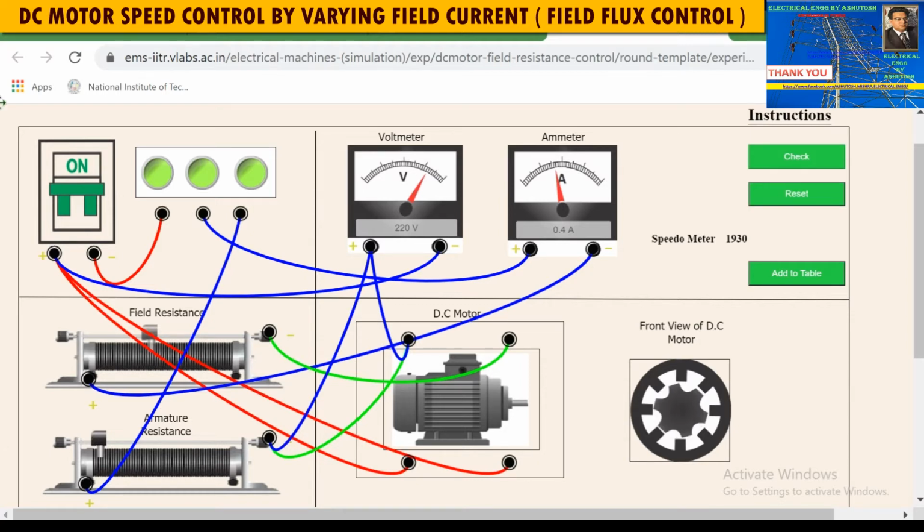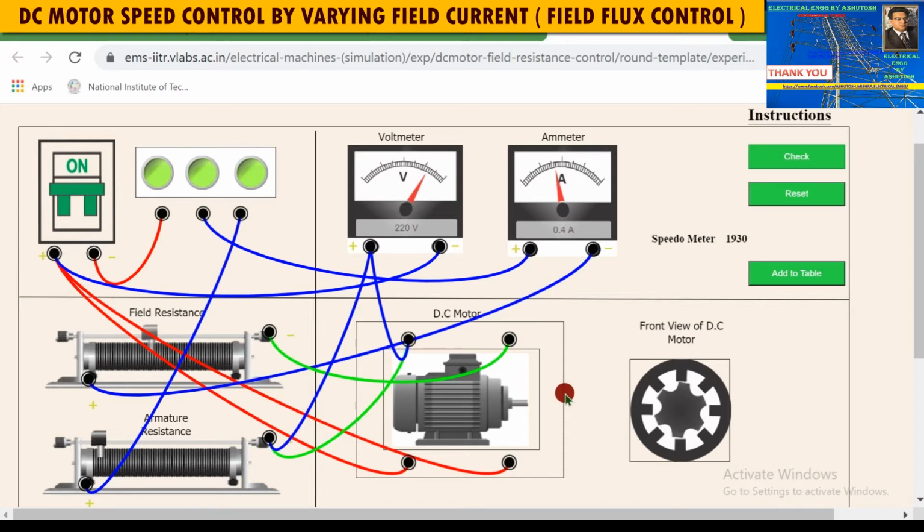So guys, you are seeing on your screen the speed control of DC motor by using the field flux control method. Today I have presented the practical of DC motor speed control, and earlier we saw the practical of speed control of DC motor by armature resistance control.